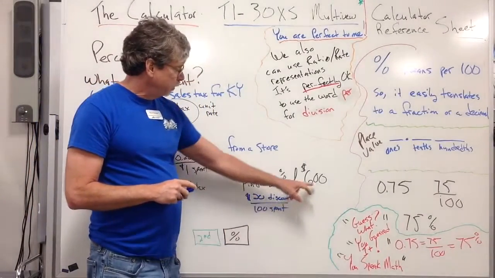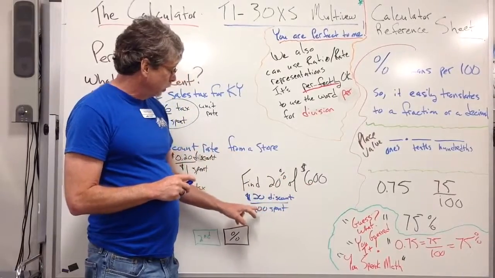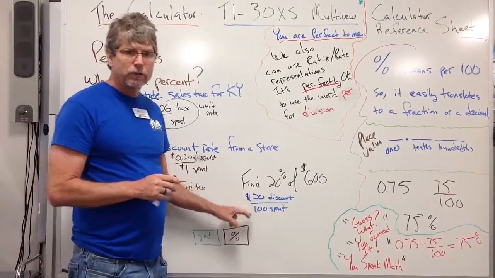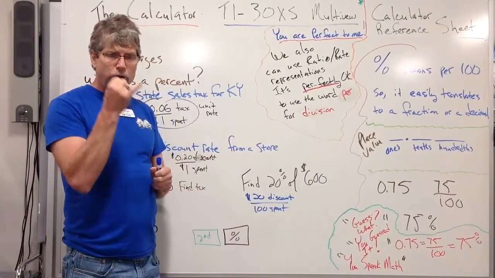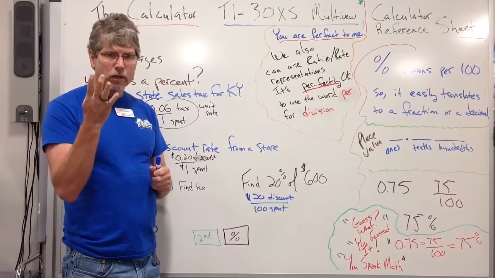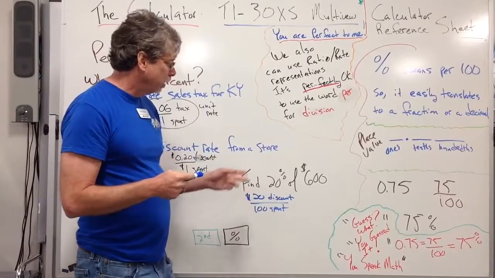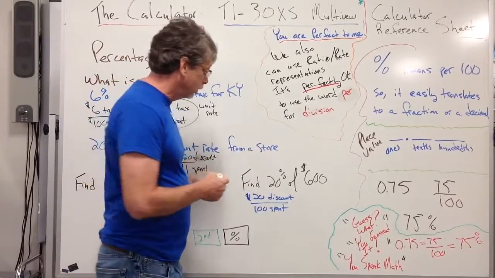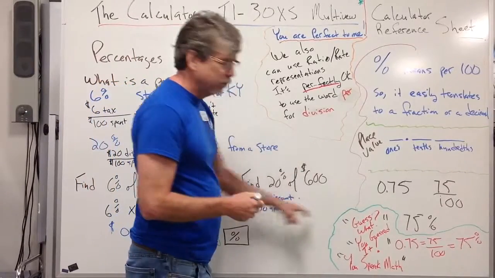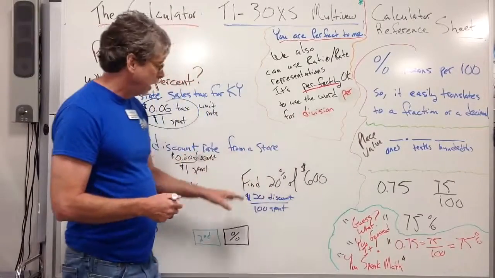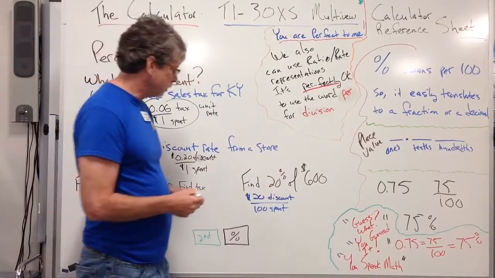So what that means is if you spend $600, you're going to get that $20 discount 6 times. So it's going to be 20, 40, 60, 80, 100, 120. So you're going to get a $120 discount. So that's what I can see here, just using my mental concept and using ratio thinking.